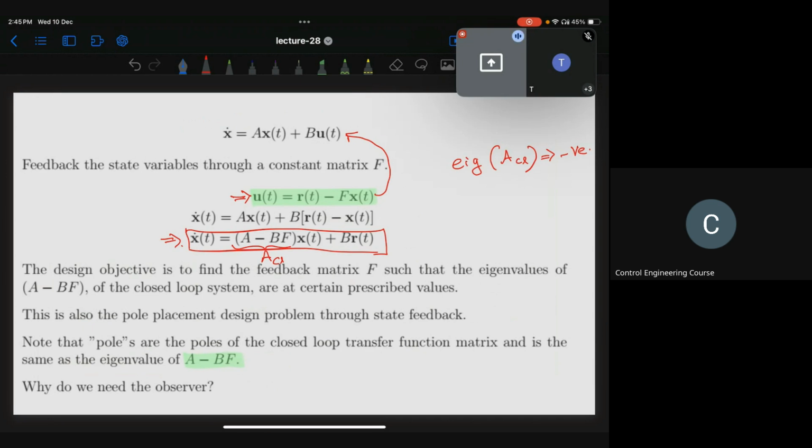So here we can properly design this F in such a way that we can place the poles at our desired locations. This method of placing the poles wherever we want is called the pole placement technique. In some cases, when x of t is not directly available, we need an observer.